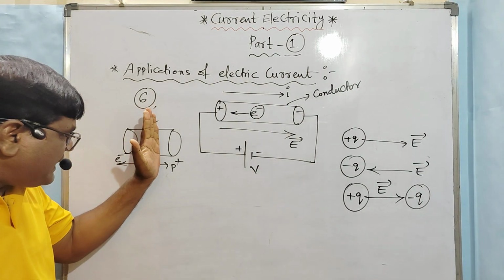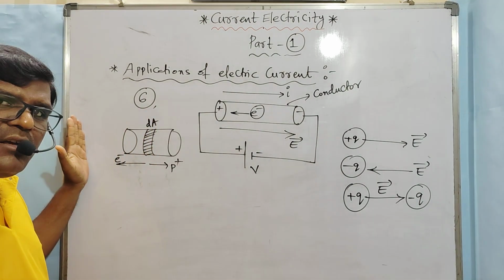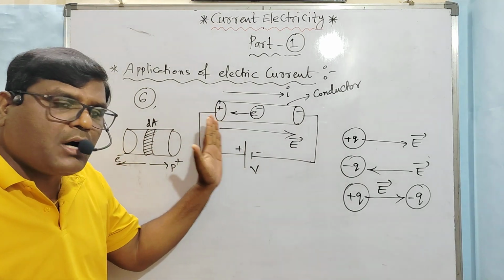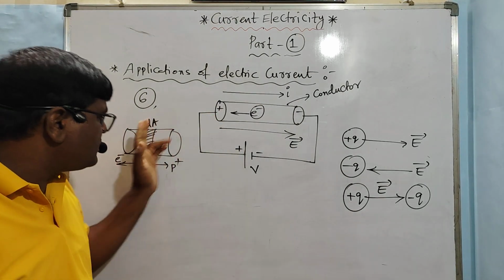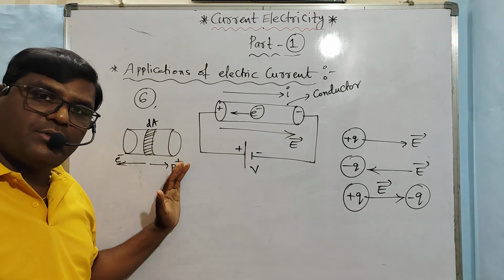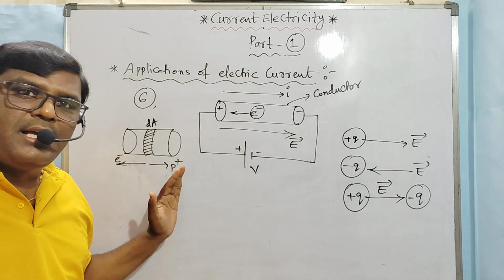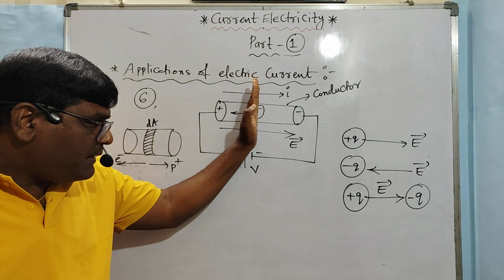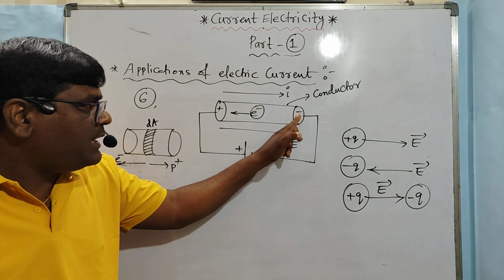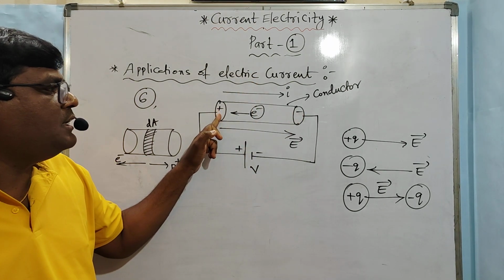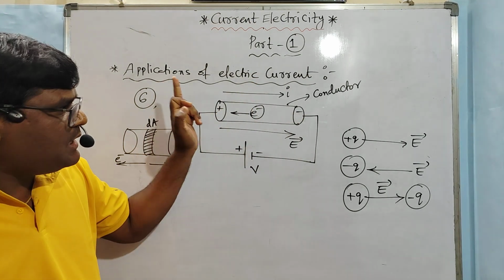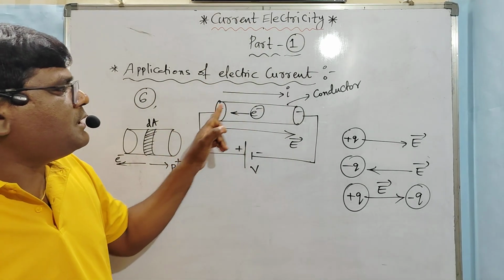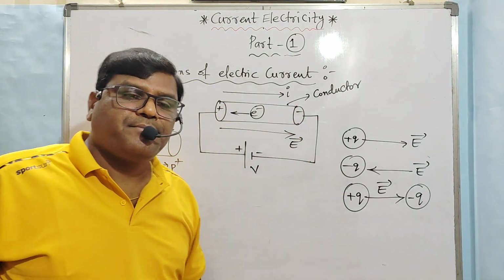How many electrons are crossing from this area? The same number of protons will cross from this area in the opposite direction. How many electrons are crossing from one end to the other end of the conductor? The same number of protons will move from the positive terminal to the negative terminal.